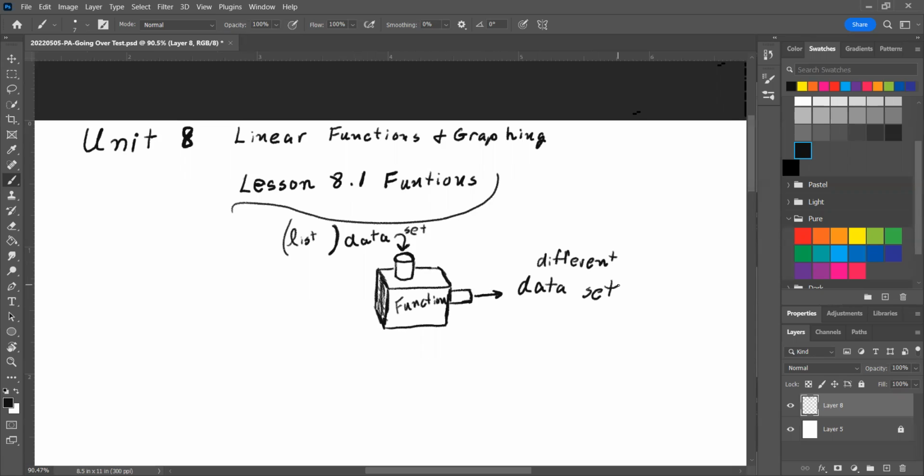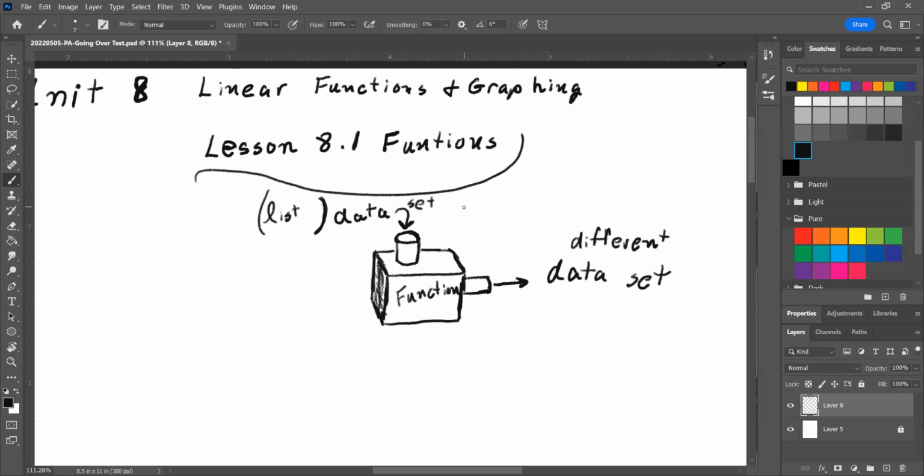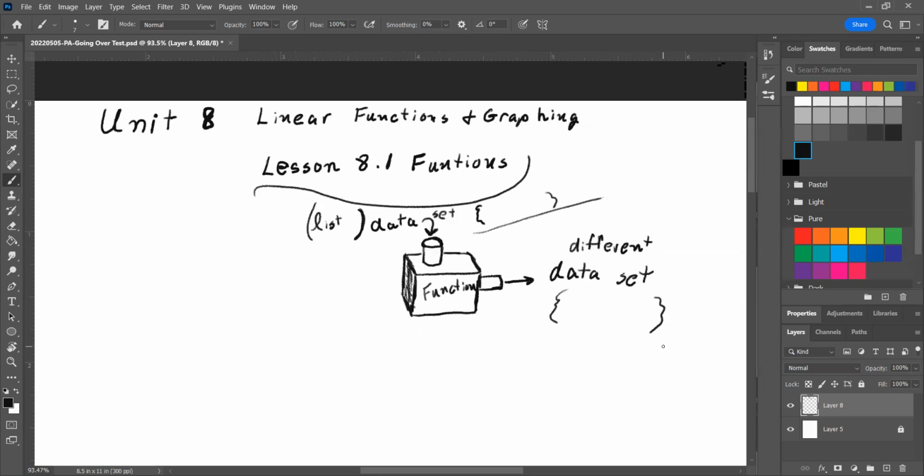And this right here is all a function really is, conceptually. We put in a list of numbers or whatever else, and we get out some other list. Now there's a little more to it, because this could represent a function or a relation. There are some rules that make a function specifically a function.